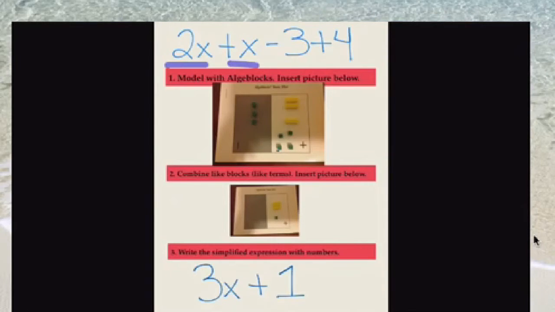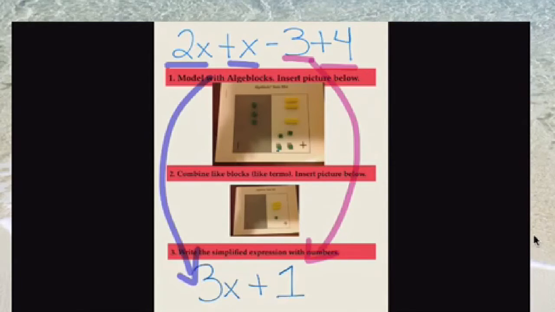Remember, 2x plus x were like terms, so those became 3x. We also said that negative 3 and positive 4 were like terms. When we added negative 3 plus positive 4 together, we were left with positive 1. So that's how we have a simplified expression of 3x plus 1. This is the expression in simplest form. You cannot make it any simpler.